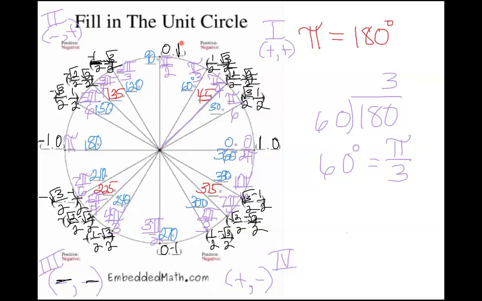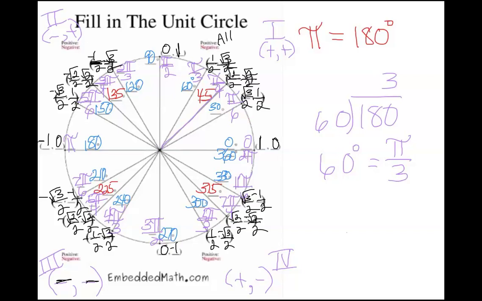All right, so now, these little words right here, positive and negative. So this is asking us, in the first quadrant, which of the trig functions are positive and which are negative. So in the first quadrant, the sine, the cosine, and the tangent are all positive.